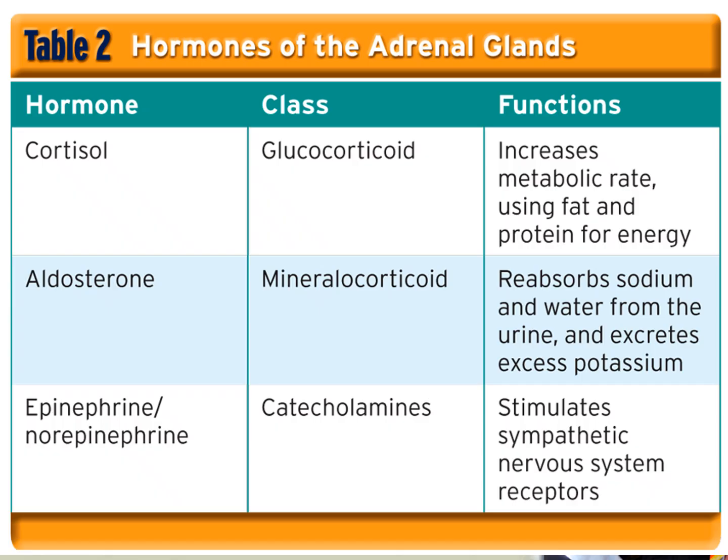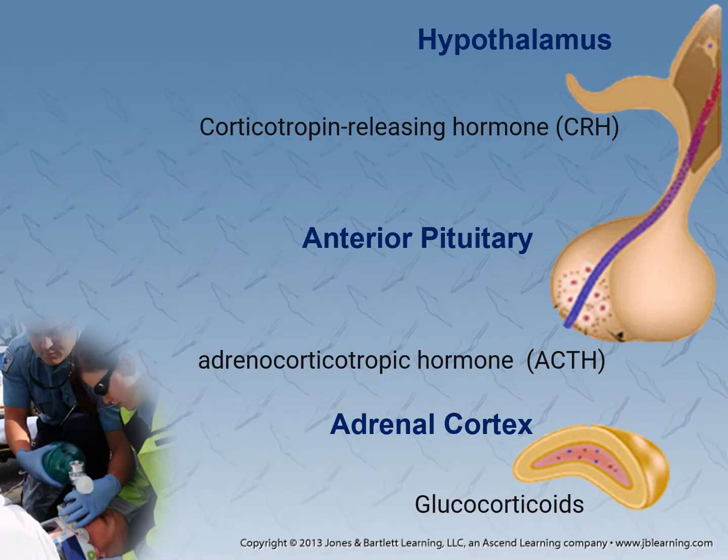And so we know water follows sodium, so we won't pee as much when we're releasing aldosterone. The antidiuretic hormone and aldosterone, I think molecularly, they look a lot alike. And then epi and norepi out of the adrenal medulla is going to give you your sympathetic nervous system stuff. Those again are recognized as catecholamines.